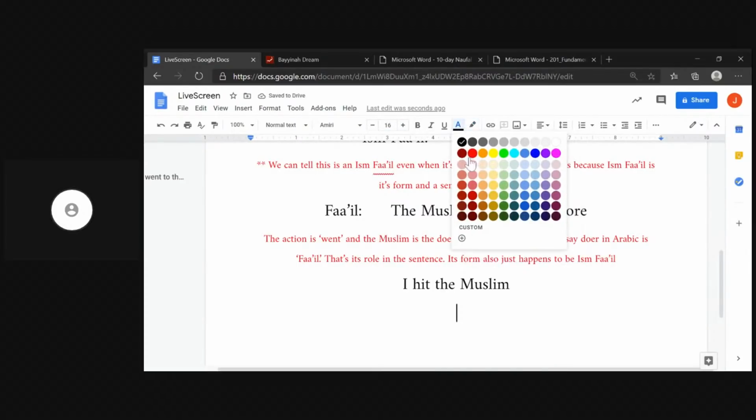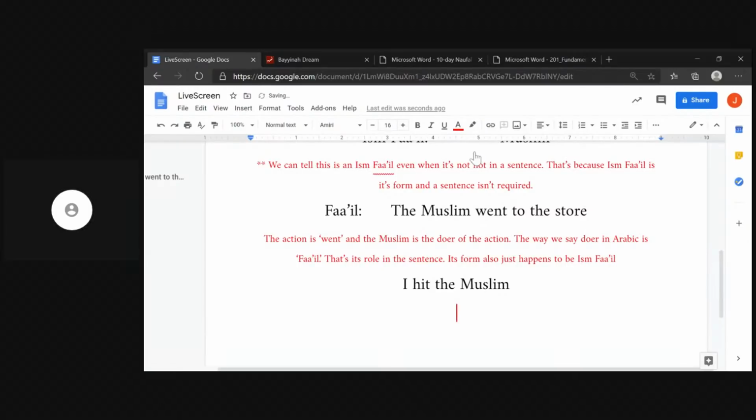In the second sentence, the fa'il was a pronoun. The action is hit, and I is the doer of the action. So the fa'il in this sentence, I'm going to keep that part in Arabic so it's easy to point out.